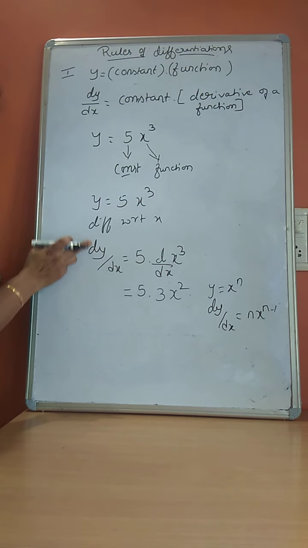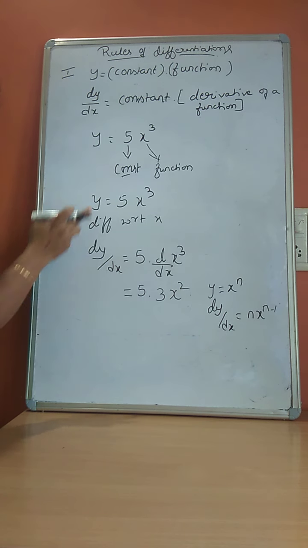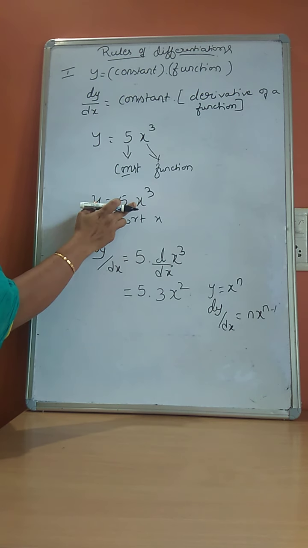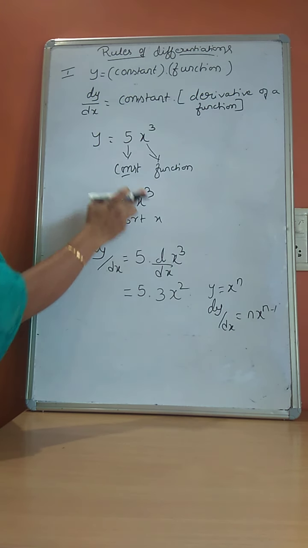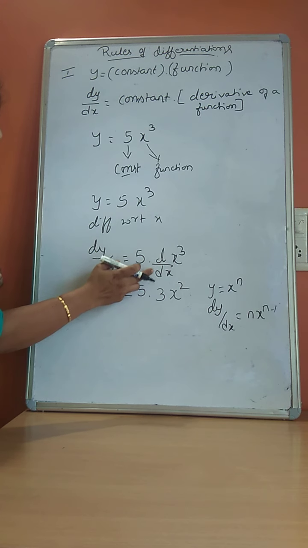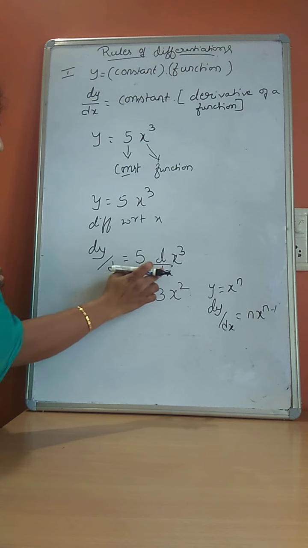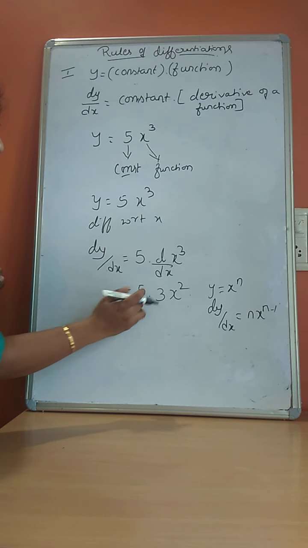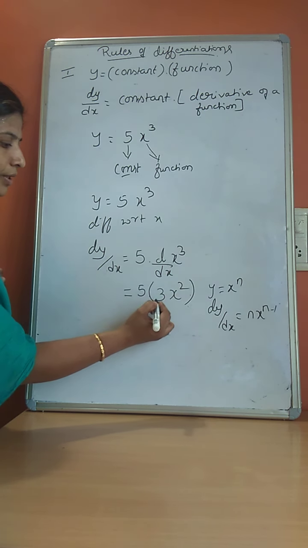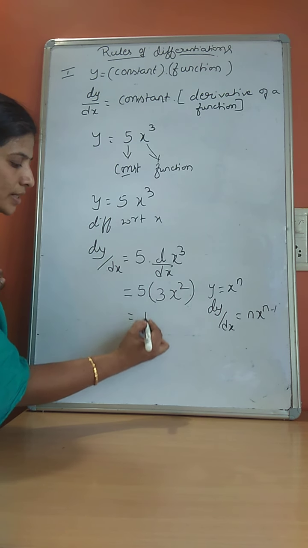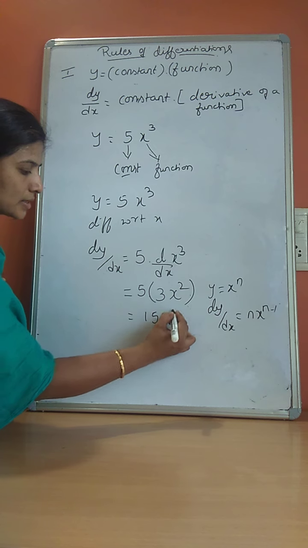That's why we differentiate with respect to x. dy by dx is equal to, keep the constant as it is, and differentiate x cube, that is d by dx of x cube. We get 5 into 3 into x square, that is, multiplication of 5 and 3 is 15x square.